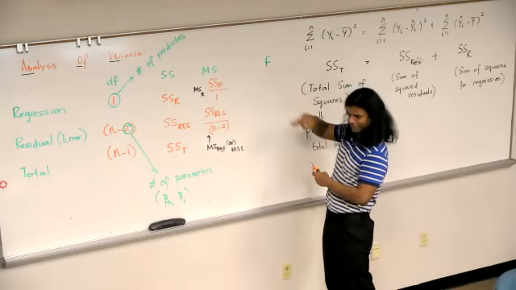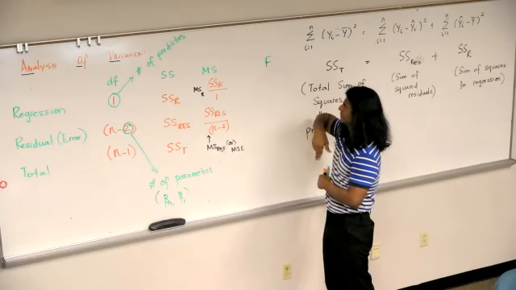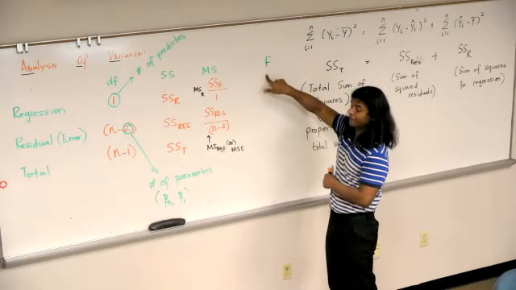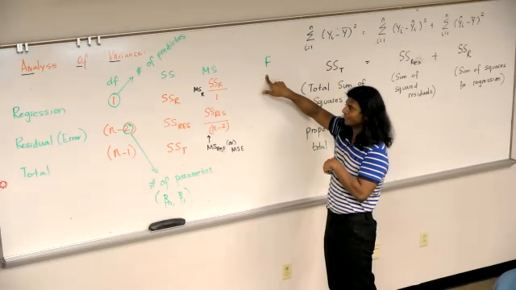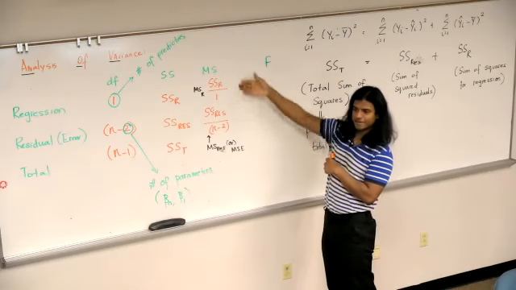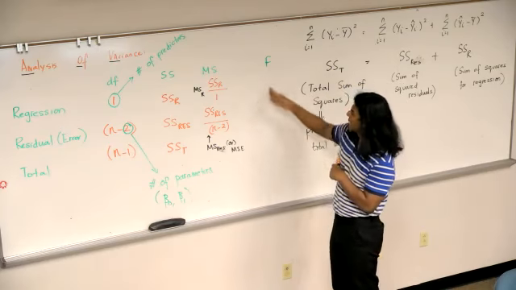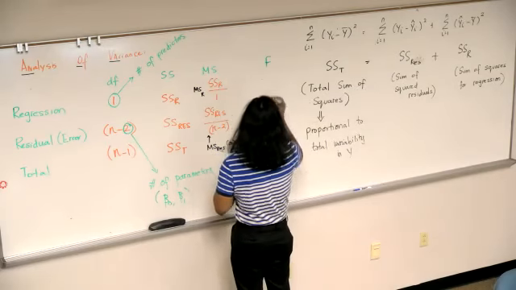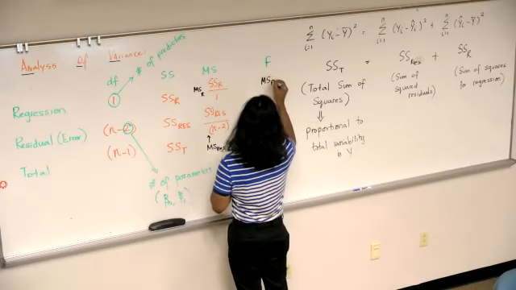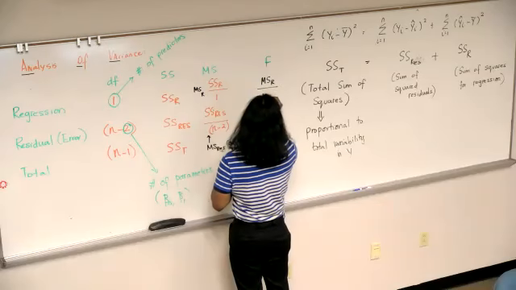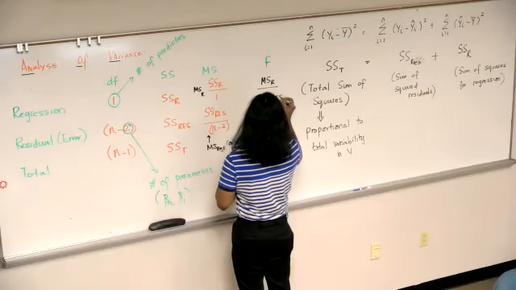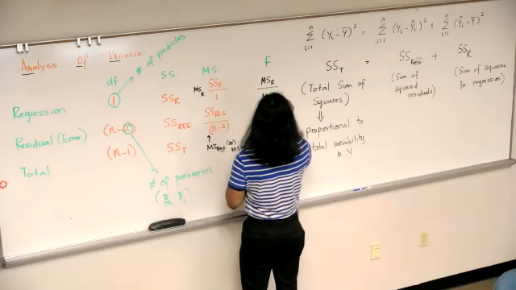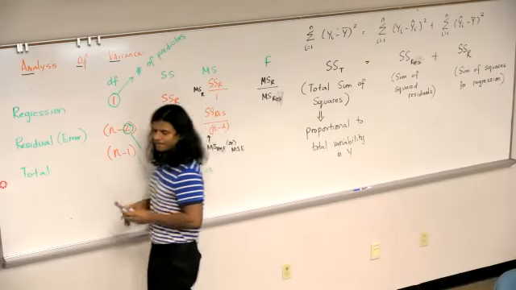In social science it is often referred to as the F ratio. We're going to divide those two: MSR divided by MS residual, or MSD.